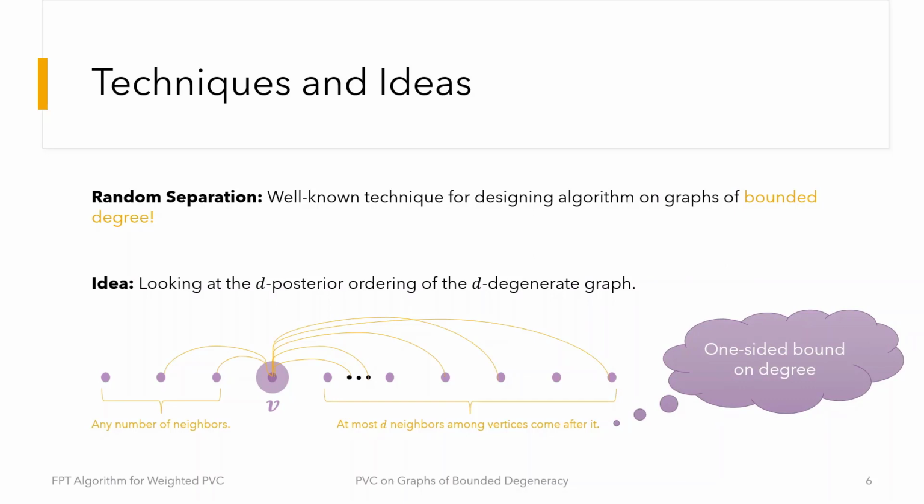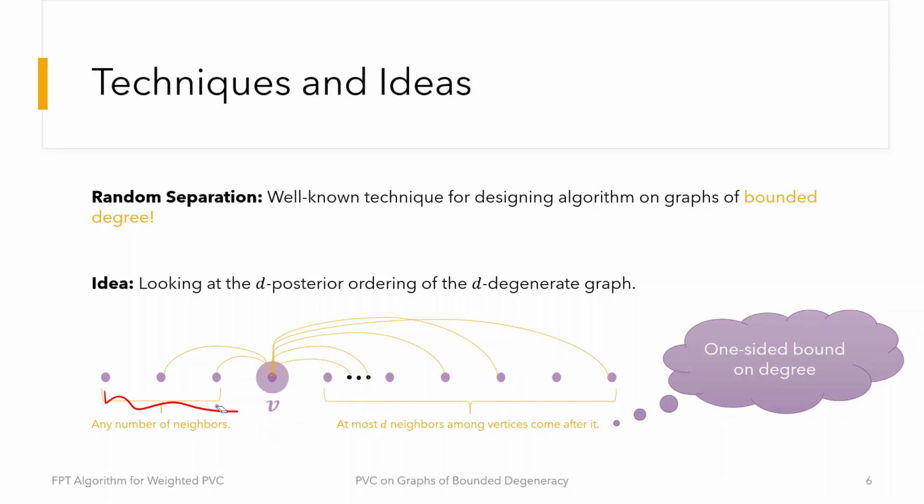The way we can say it is that we can consider an ordering on vertices of a degenerate graph in a way that each vertex has at most d neighbors among vertices that come after it. So this is a vertex and it has at most d neighbors here, but it can have any number of vertices in this part.